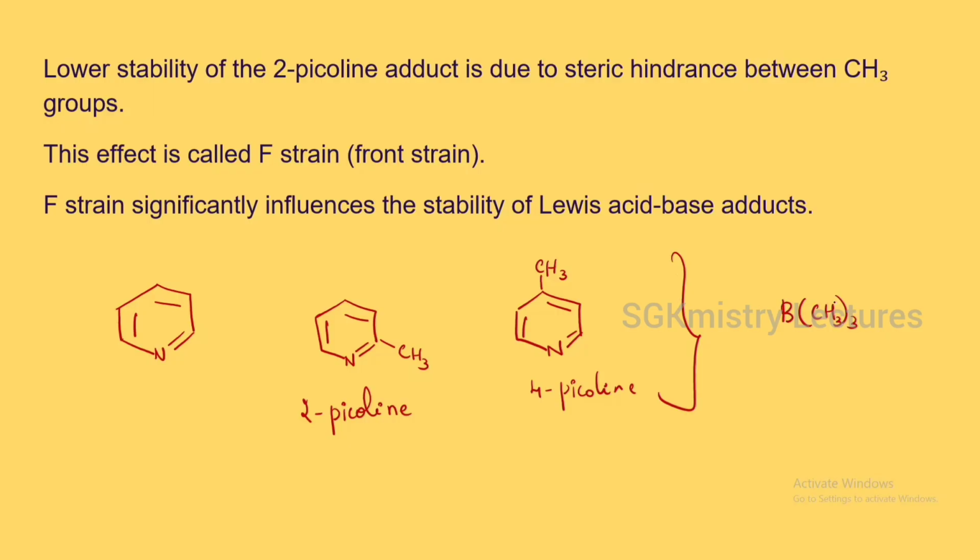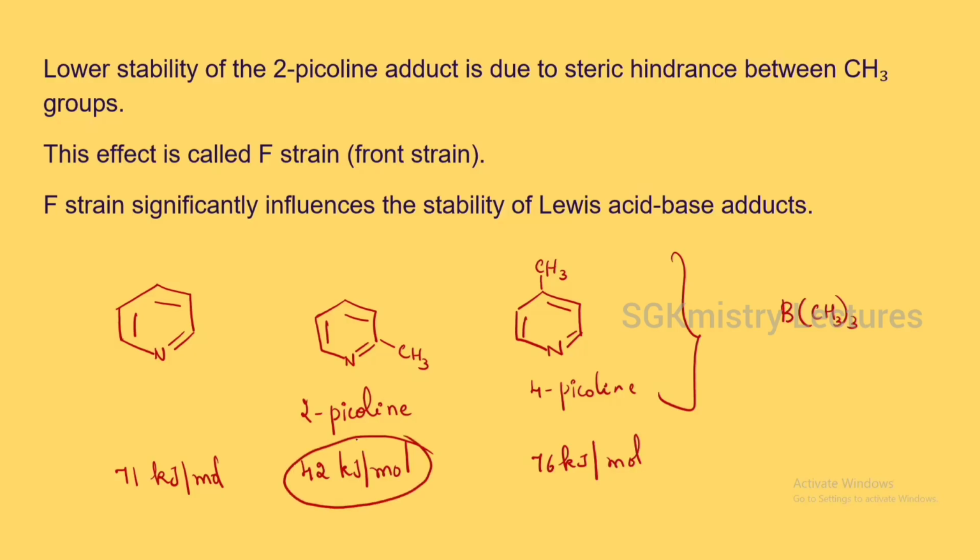Now the adduct bond energy in the case of pyridine is 71 kilojoules per mole. In the case of 2-picoline, it is 42 kilojoules per mole, whereas for 4-picoline, it is 76 kilojoules per mole. You can see there is a difference in the energy of the adduct in the case of 2-picoline.